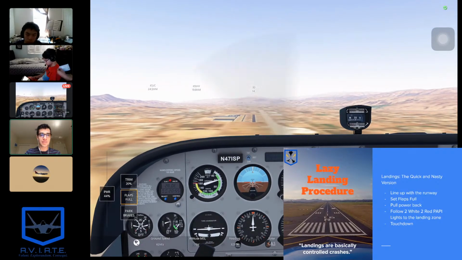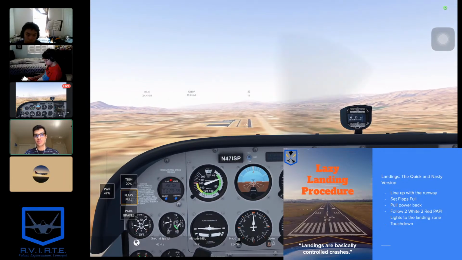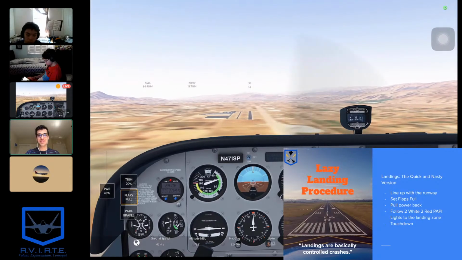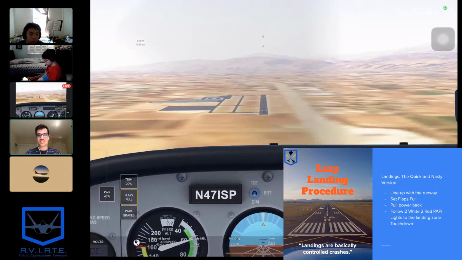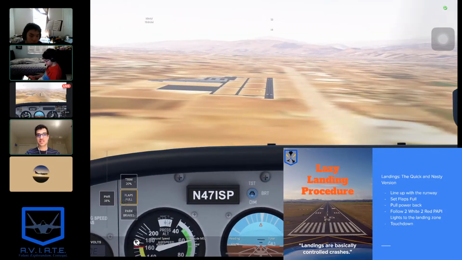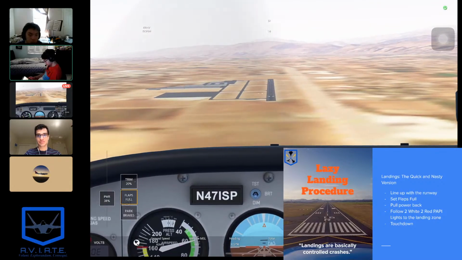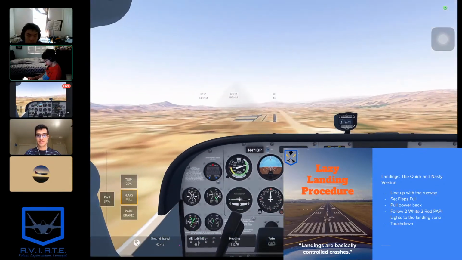They're kind of faint, but if you zoom in, there are four white lights, which means this pilot flying this approach is too high. If you want to see what they look like in real life, I think in the sim you can see that they turned one red, one white. It's kind of hard to tell.